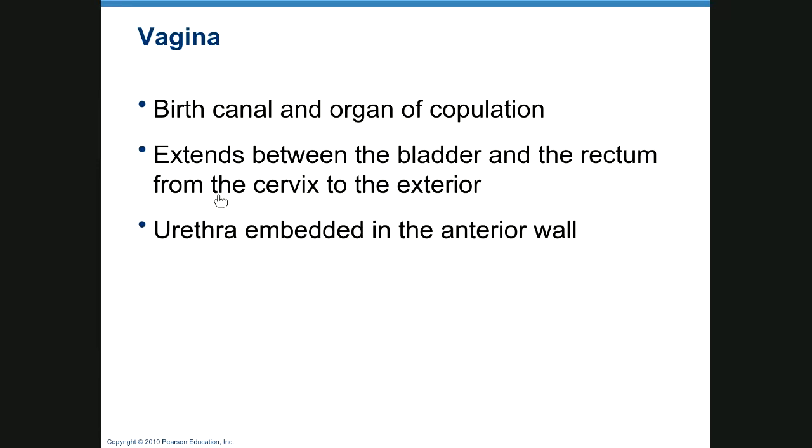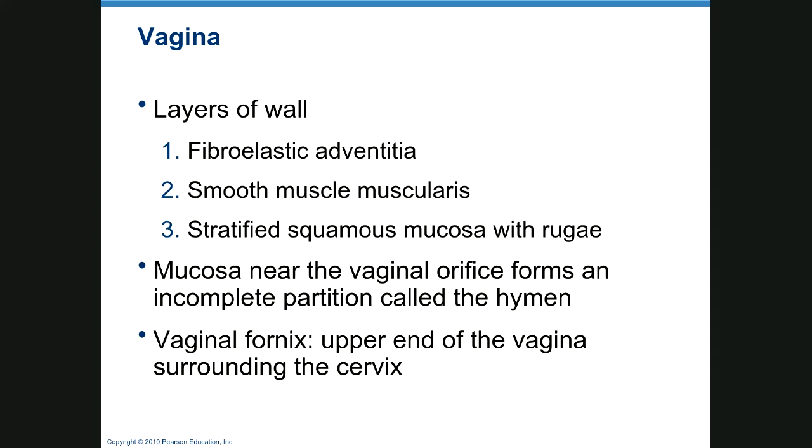Okay, the vagina is the birth canal and organ of copulation, and it's between the bladder and the rectum. And the urethra is embedded in the anterior wall. Layers, adventitia is outer layer, smooth muscle, muscularis, and then stratified squamous mucosa.